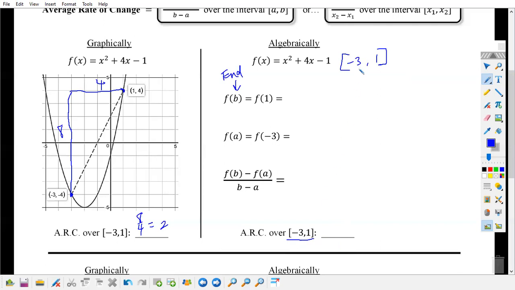Okay. So where did we end? We end at 1. So that means our b equals 1, and we're going to substitute that in. So we have 1 squared plus 4 times 1 minus 1. That gives us 1 plus 4 minus 1, which equals 4.